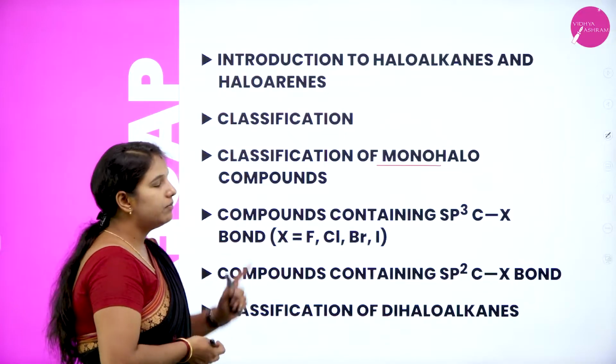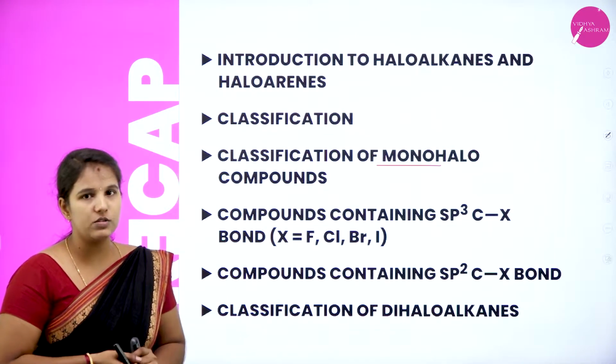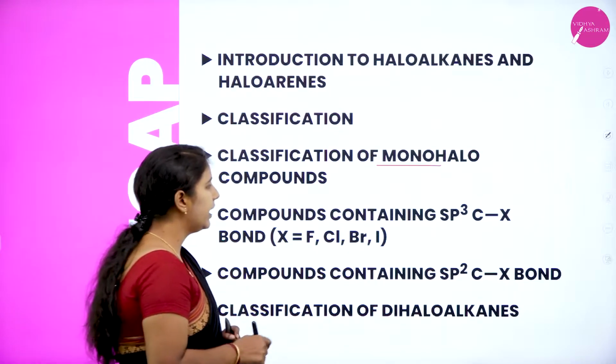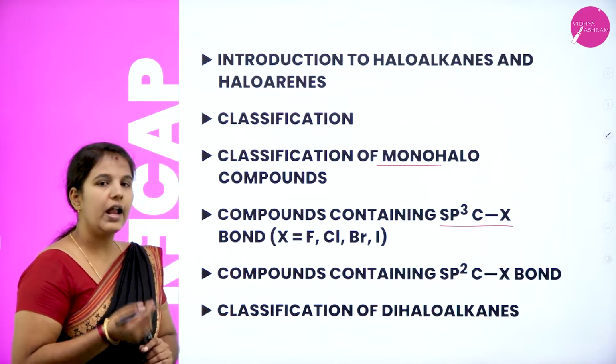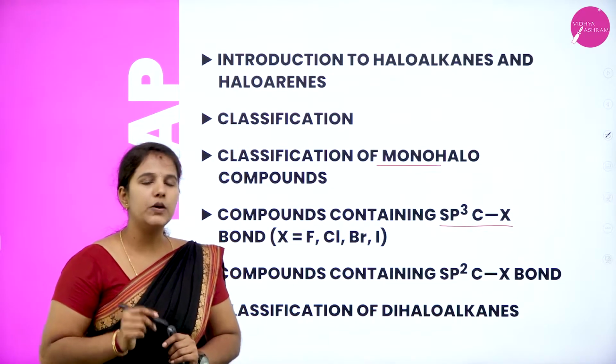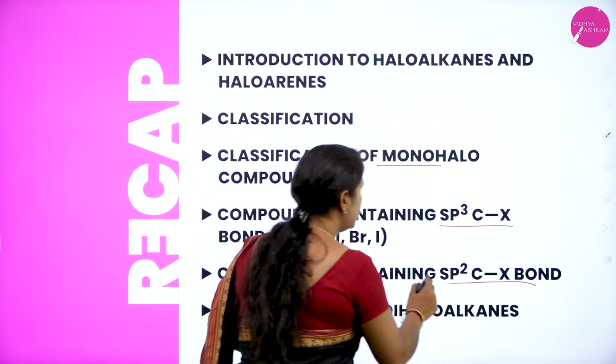In monohalo compounds, there are two types: the compounds containing an sp3 hybridized carbon and halogen bond, and the compounds containing an sp2 hybridized carbon and halogen bond.